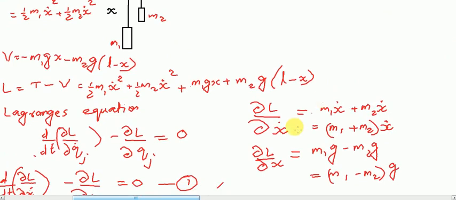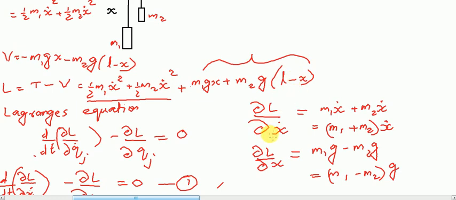Now determine dou L by dou x dot and dou L by dou x. First, dou L by dou x dot. Here the differentiation is with respect to x dot. In the expression for the Lagrangian, the first two terms include x dot, the other two terms include x.